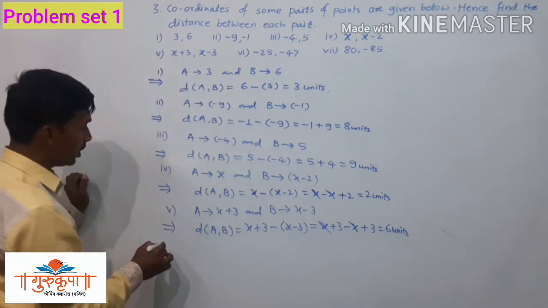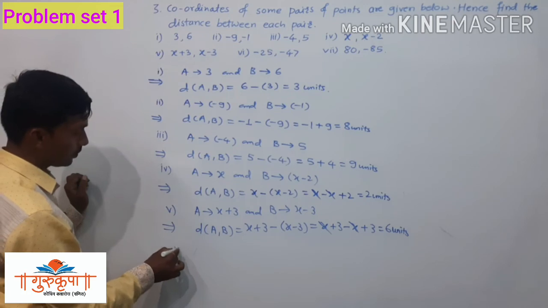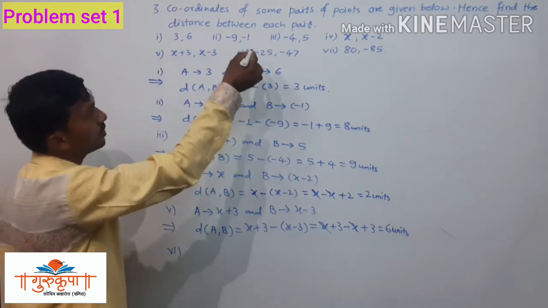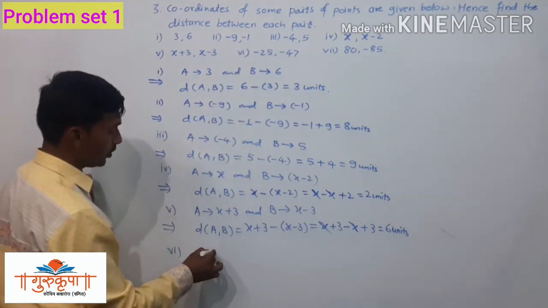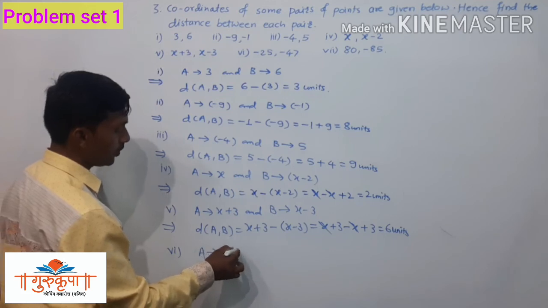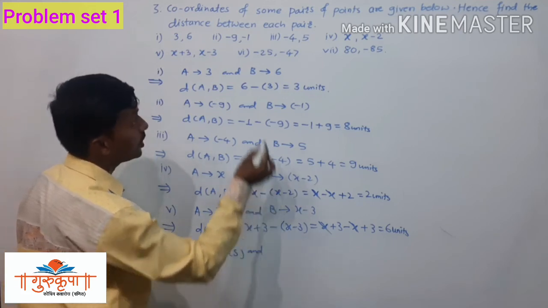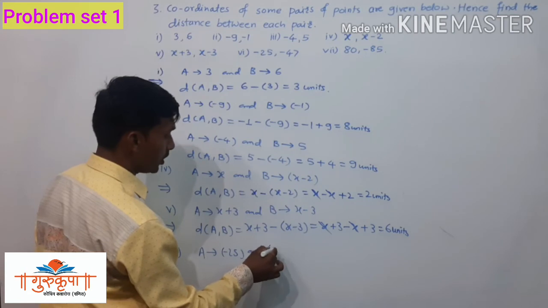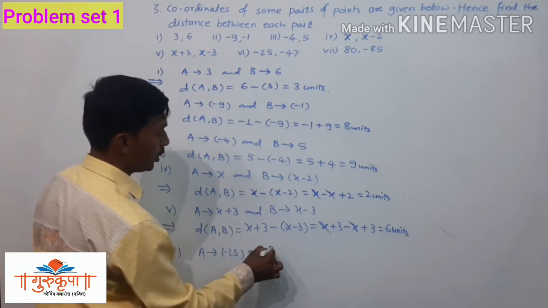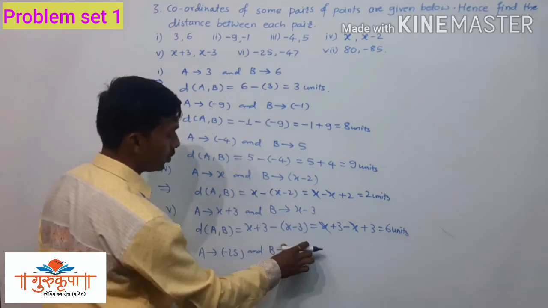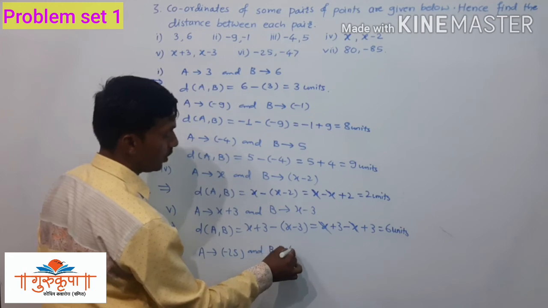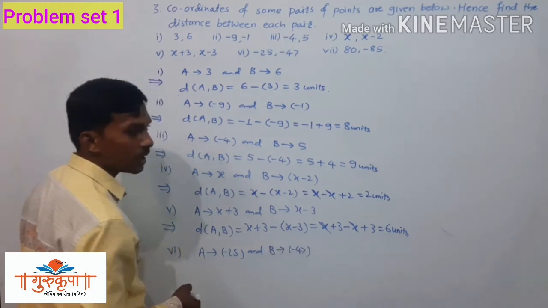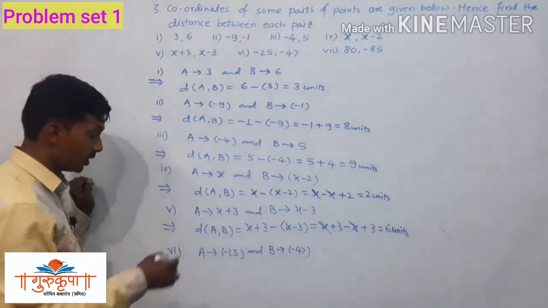Then we have example number 6. In example number 6, the coordinate of point A is given as minus 25 and the coordinate of point B is given as minus 47. Now we have to subtract the smaller coordinate from the bigger coordinate.